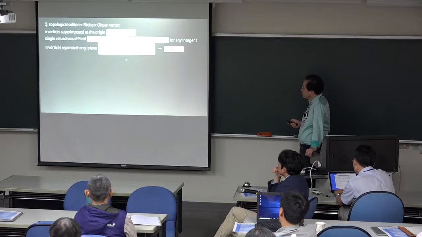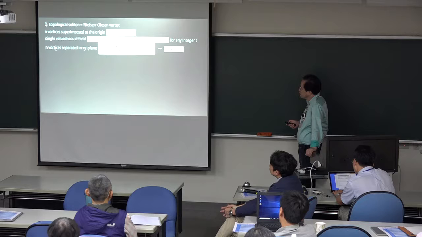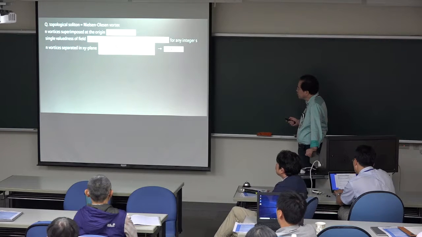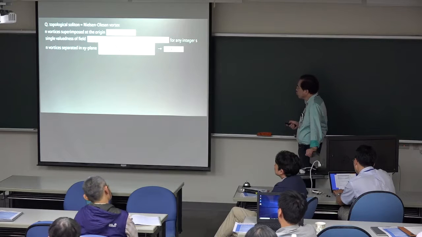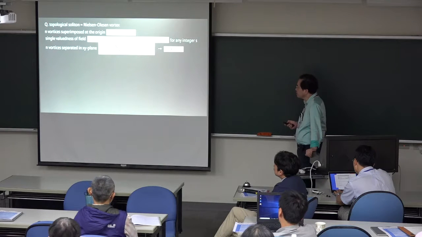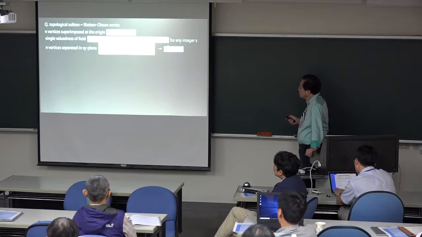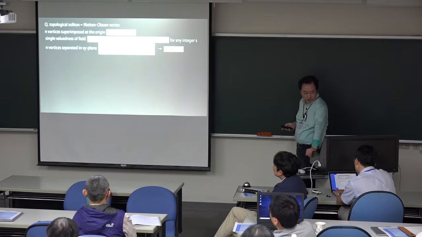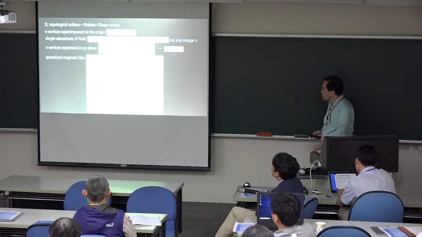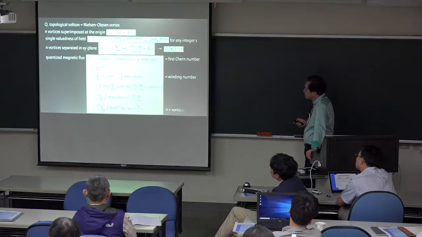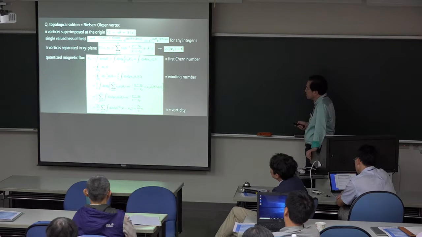The best way to write down n separated vortices in the xy plane is to use this angle like this. However, at each vortex point, to have a well-defined field, each field amplitude should vanish at that point. So then the object is classified by the quantized magnetic flux, which is the first Chern number.